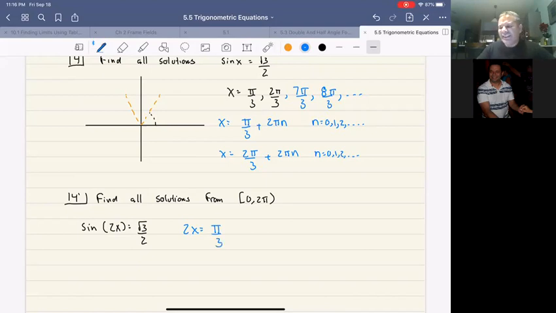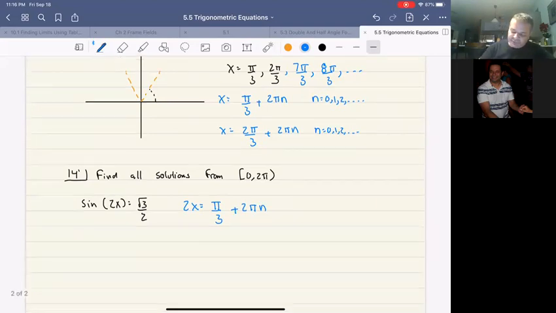Now, I need that 2 pi n, and I'm just going to leave it and decide which one's later. The next one, 2x also equals 2 pi over 3 plus 2 pi n.